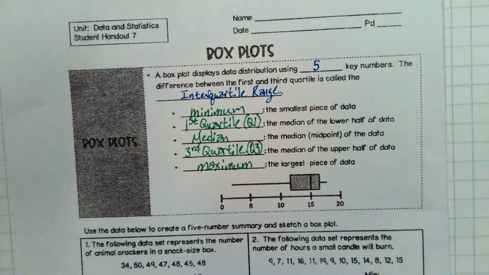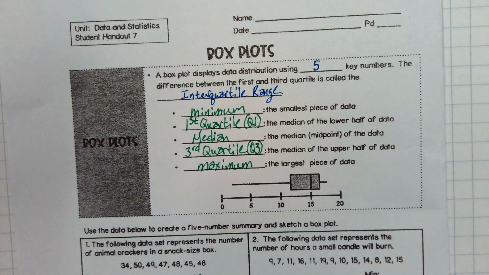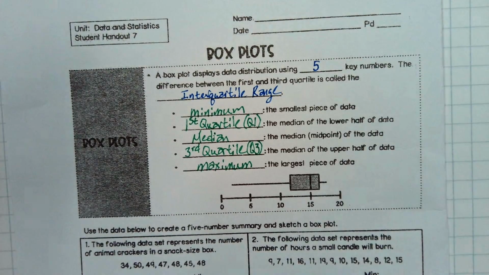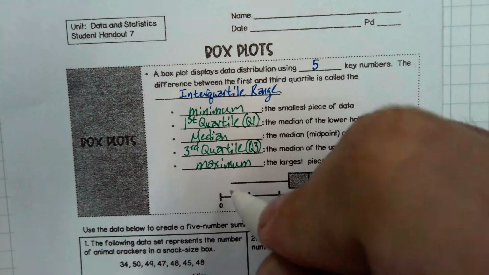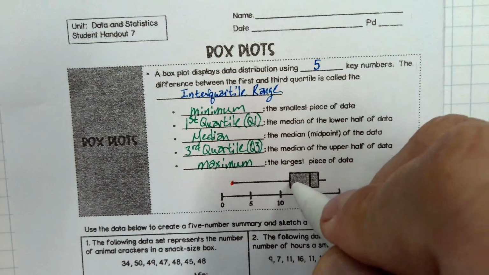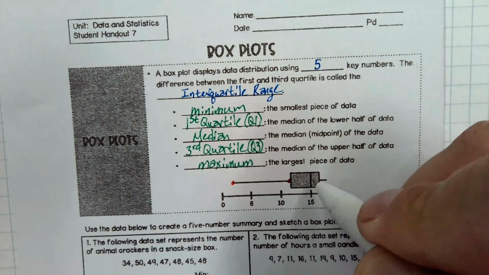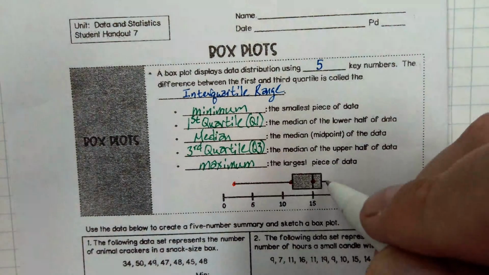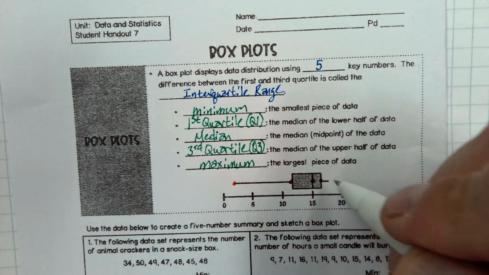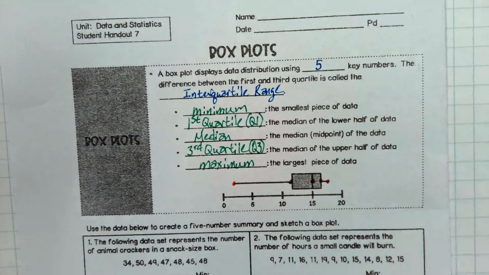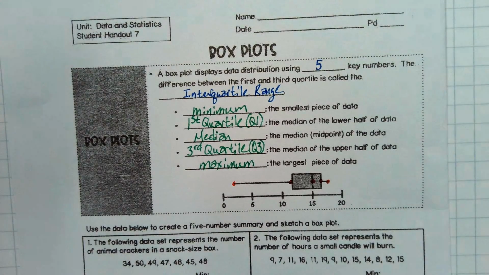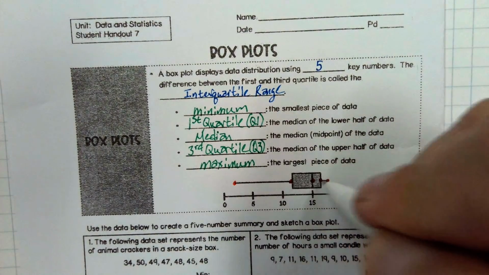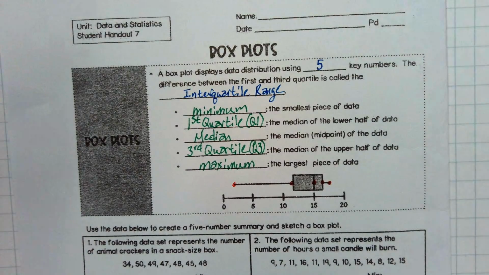Okay? So let's take a quick look at this particular box plot. And we're going to make 5 dots. Let's put a dot here, here, here in that little box in the middle, here at the end of the box, and here at the end of this line segment. So you should have 5 dots. Okay?